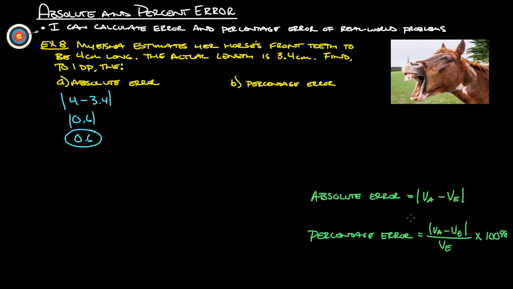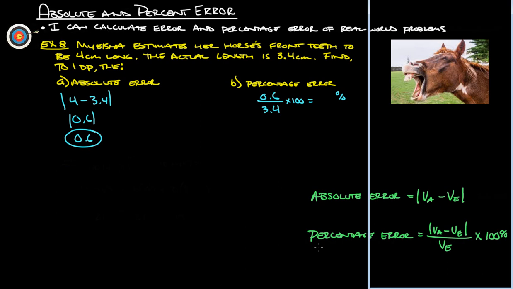The percentage error is going to be that 0.6 divided by the VE, the actual length, which was 3.4. So we take 0.6 divided by 3.4 and then multiply it by 100, and that will give us the percent of error that we had.